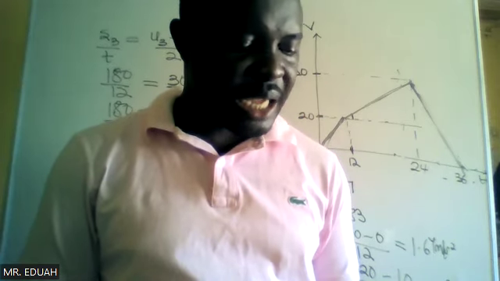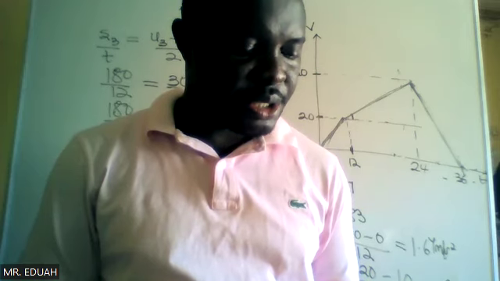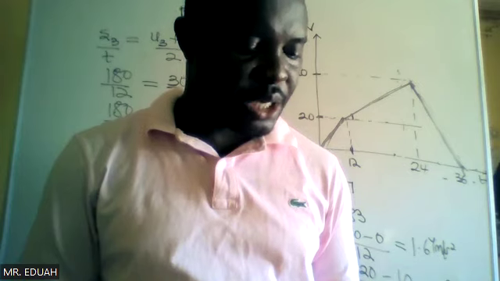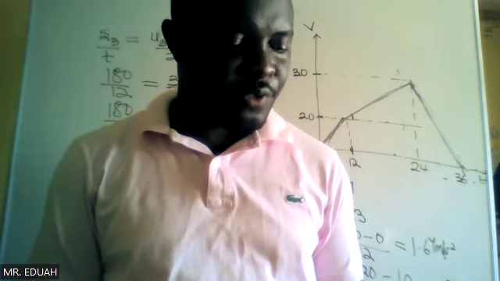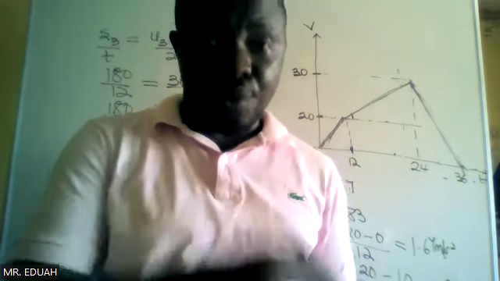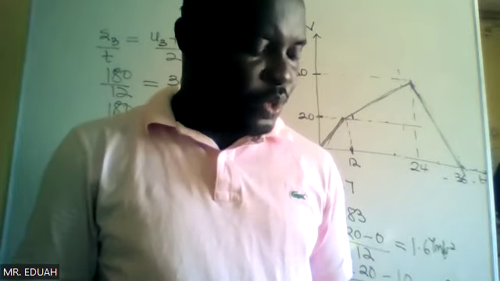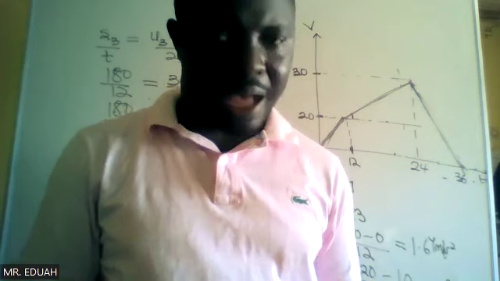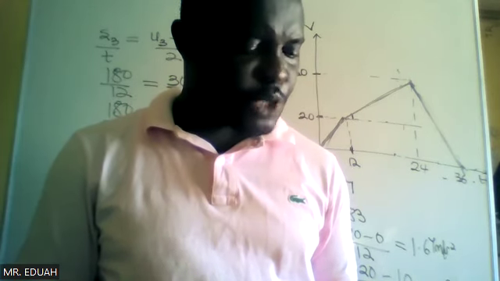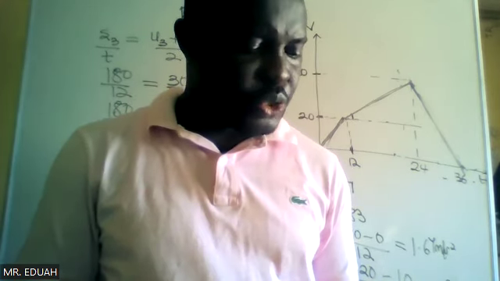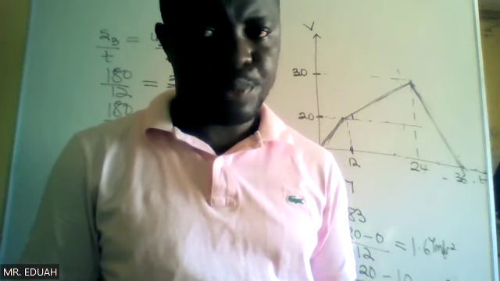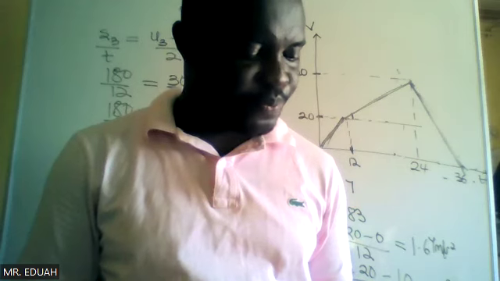Draw the velocity time graph of the motion using the information given above. Using the graph, calculate I, the maximum speed attained during the motion.